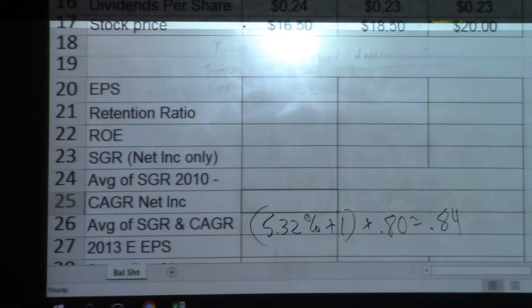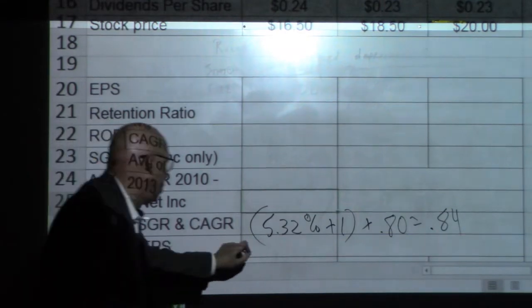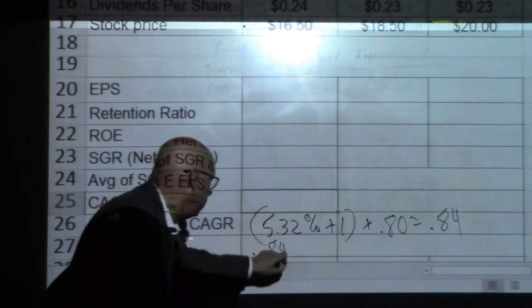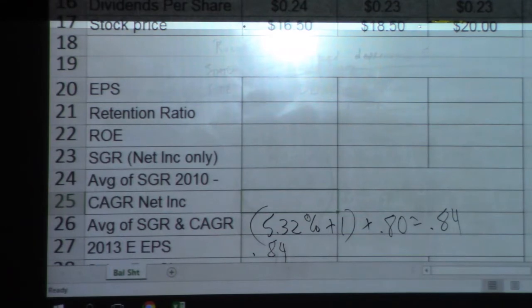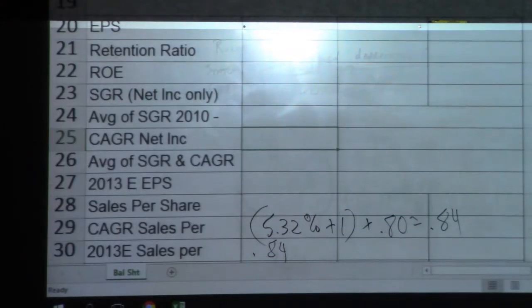Okay? So 2013 estimated EPS is 0.84. There you have it. Let's scroll down. So that's our fundamental.